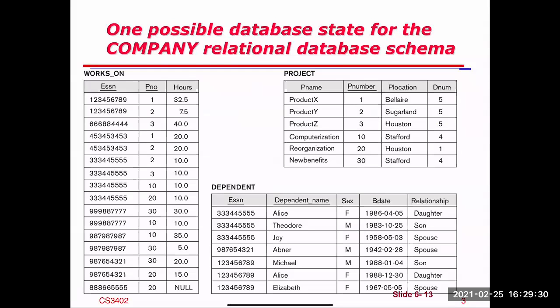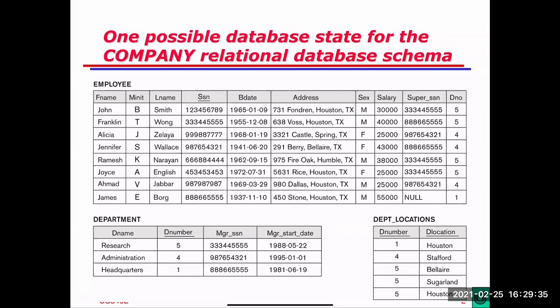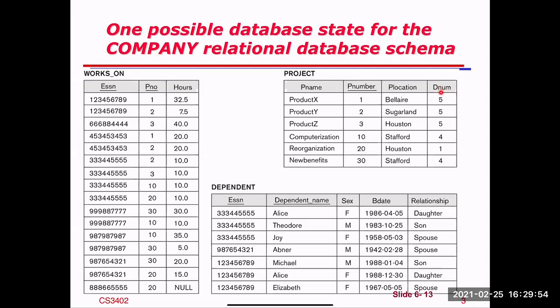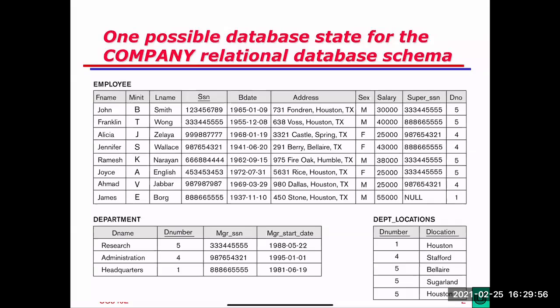All right, so we're selecting from project, department, and employee, and we're joining these three tables in the inner query. We're joining the department table with the project table along this attribute dnum here and dnumber here, because we need that to get to the manager social security number.